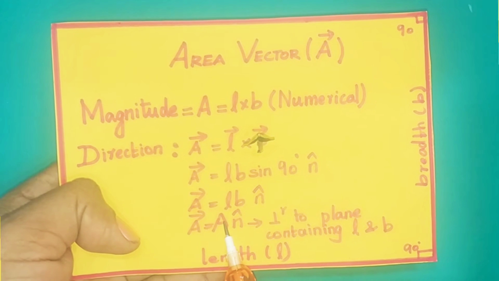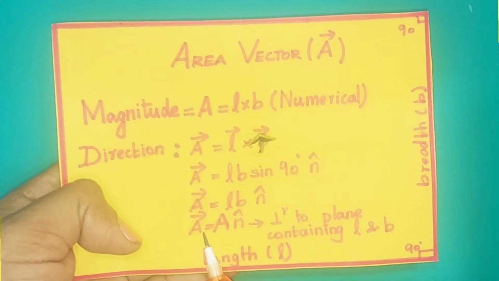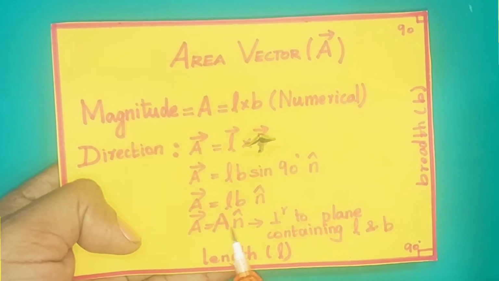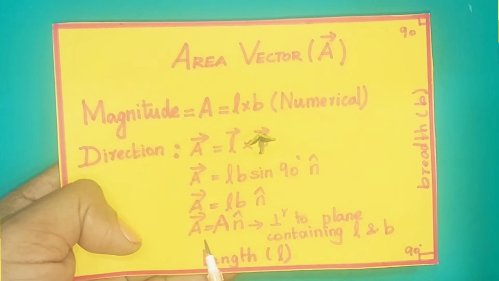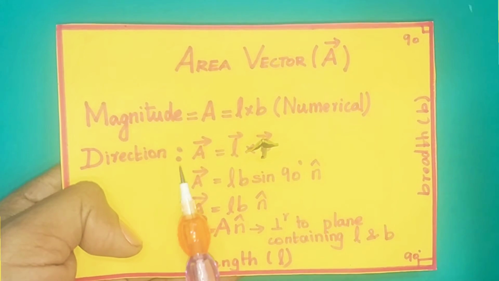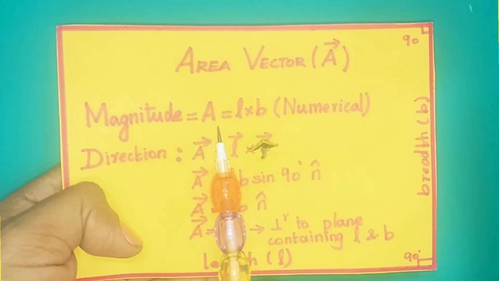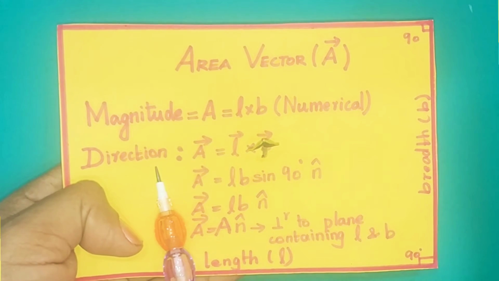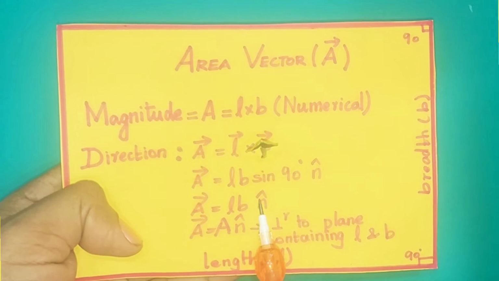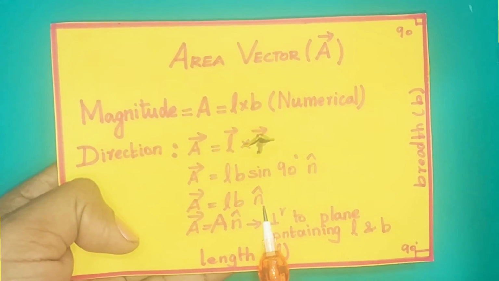LB is the magnitude of area and we can write A vector is equal to A n cap. n cap is perpendicular to the plane containing length and the breadth. That is, for magnitude of area vector, we take the numerical value only. And for direction of area vector, we have to consider the n cap unit vector.